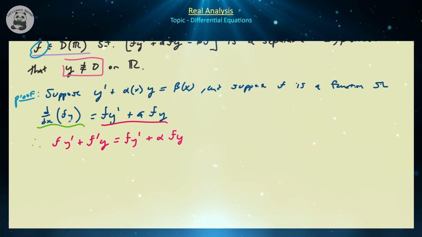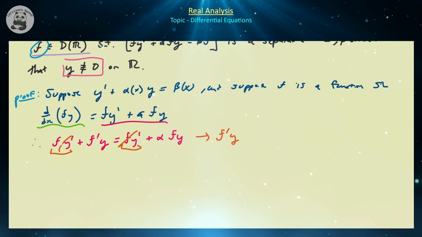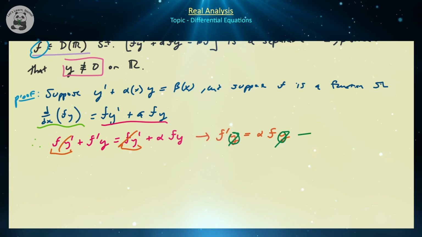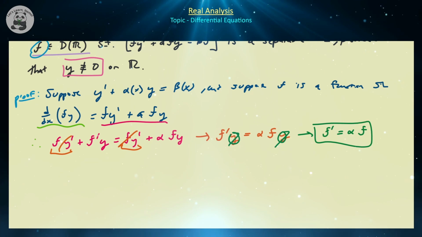So once we have this, notice that we do have some commonalities in this expression, in particular this fy', and those can cancel, and this is just going to give us f'y is equal to alpha fy. And keep in mind, we're assuming that y is not identically equal to 0, so we can cancel these terms out. And then we're just going to have f' is equal to alpha f, which is just a differential equation in terms of alpha.